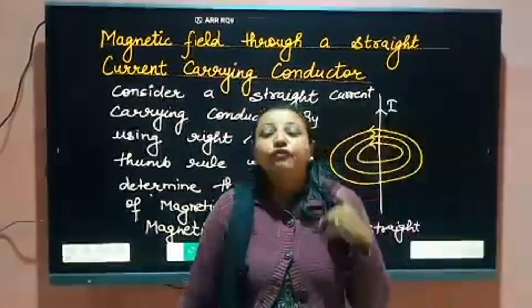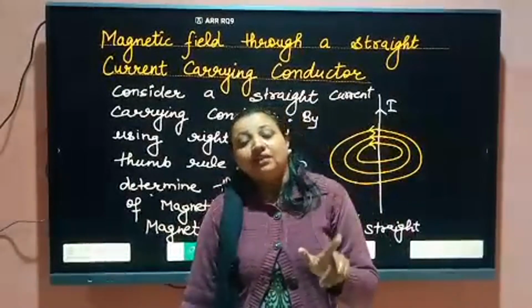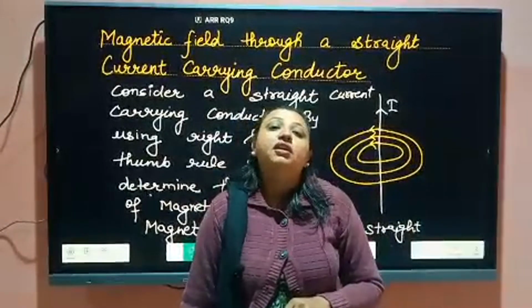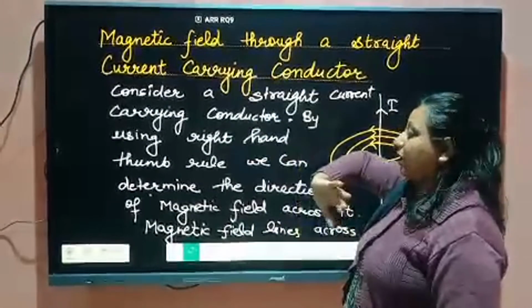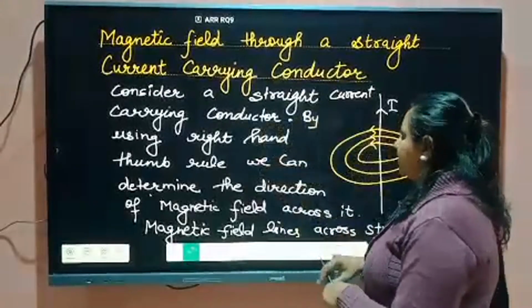If the direction of current is vertically upward through a straight current carrying conductor, then the direction of magnetic field lines is anti-clockwise. If the direction of current is downward, the direction of magnetic field lines is clockwise.